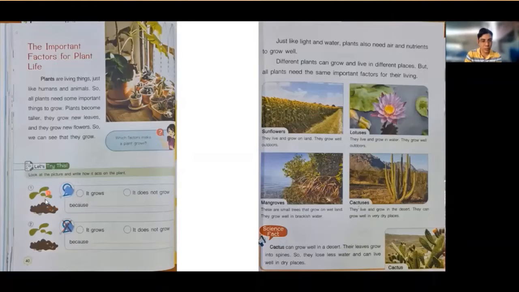Do you see this one? It's a watering can. If you put just the right amount of water, the plant can grow because it needs to drink. It is also thirsty. And if it grows, it means it can also make its own food.